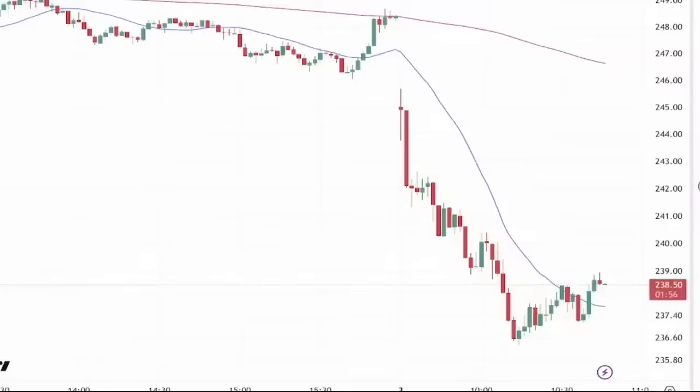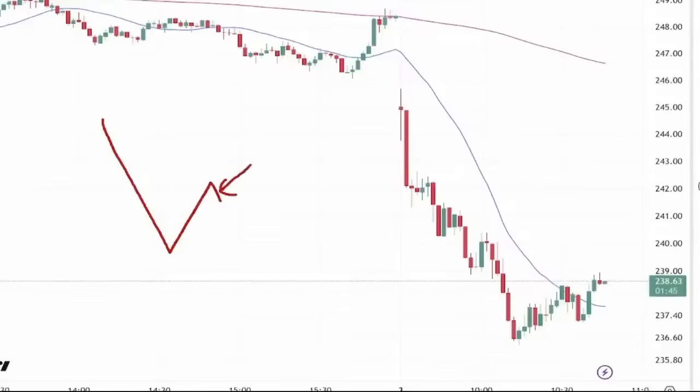But you're going to get the color change here. And sometimes you're going to get the color change here. Boom.